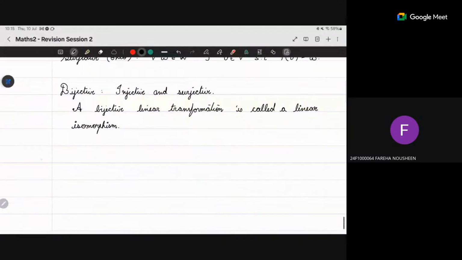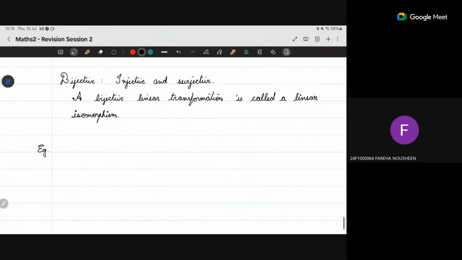All right. So suppose I take an example. This is from, let's say, R2 to R2.